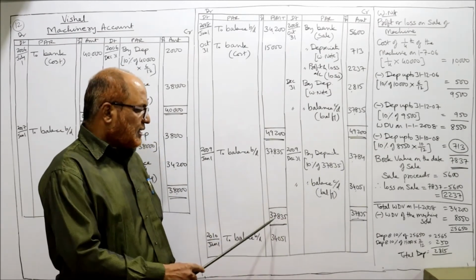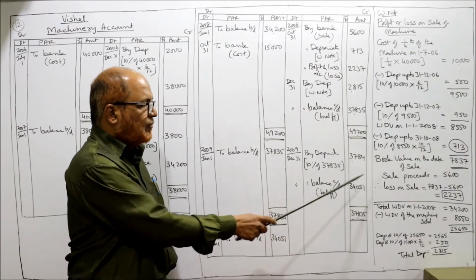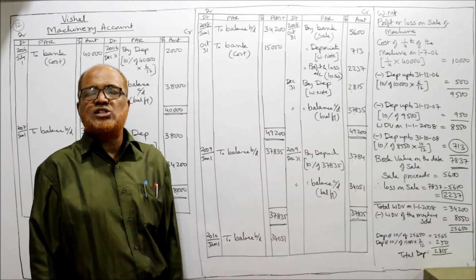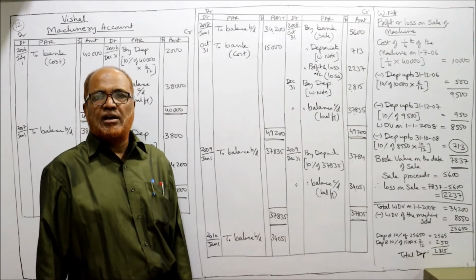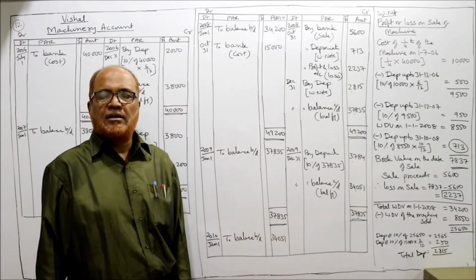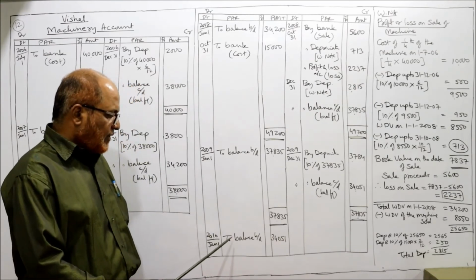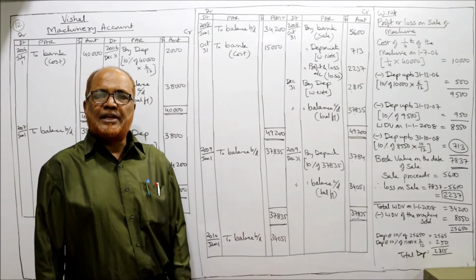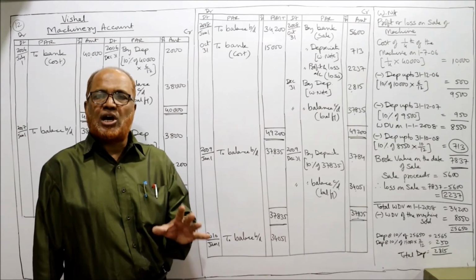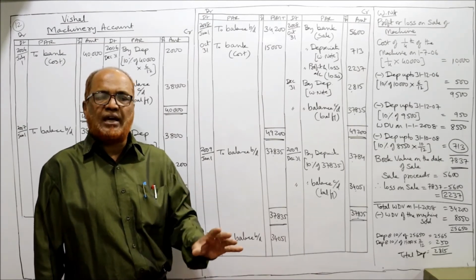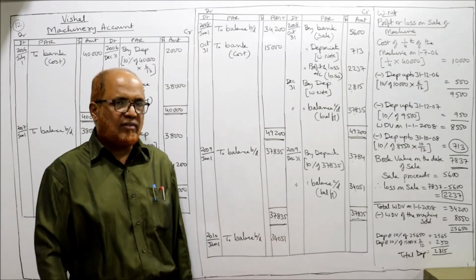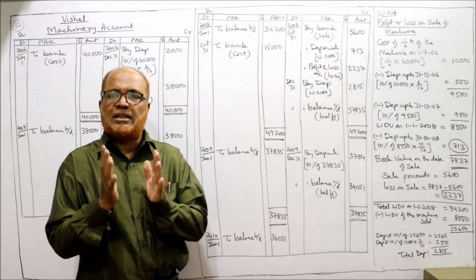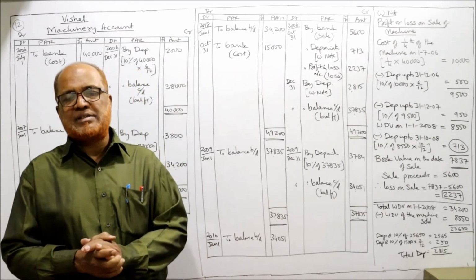Now take the total debit side 37,835 minus 3,784, which is 34,051. 34,051 is the closing balance of machinery at the end of 2009. Now on 2010 January 1st, balance brought down 34,051. The question asks you to prepare the machinery account up to 31st December 2009, so we have prepared it. This is the end of the 12th problem and the last problem of depreciation.